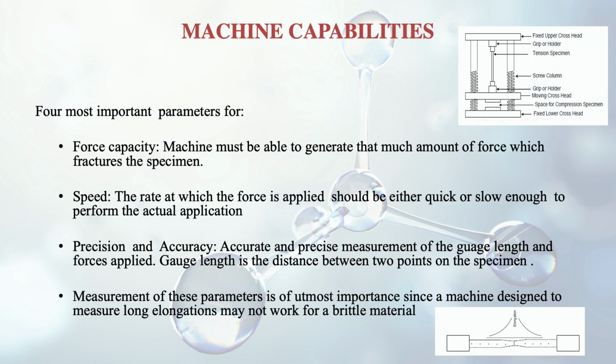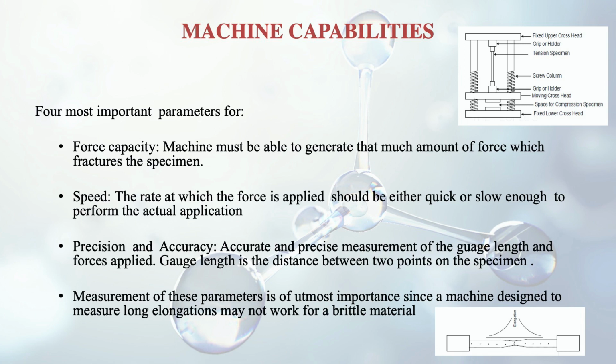Further, speed, the rate at which this force is applied, should also be known. Whether the test is being carried out very quickly or very slowly enough to perform the actual application. And further, precision and accuracy. For all kinds of tests we need it to be precise as well as accurate. And for that purpose, measurement of gauge length and forces applied is also very necessary.